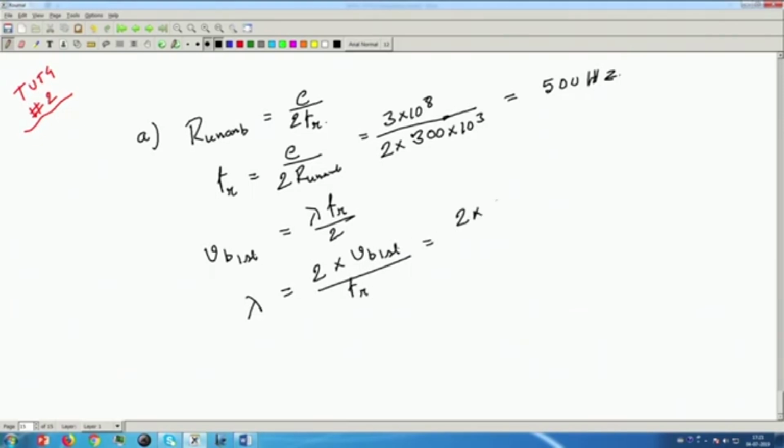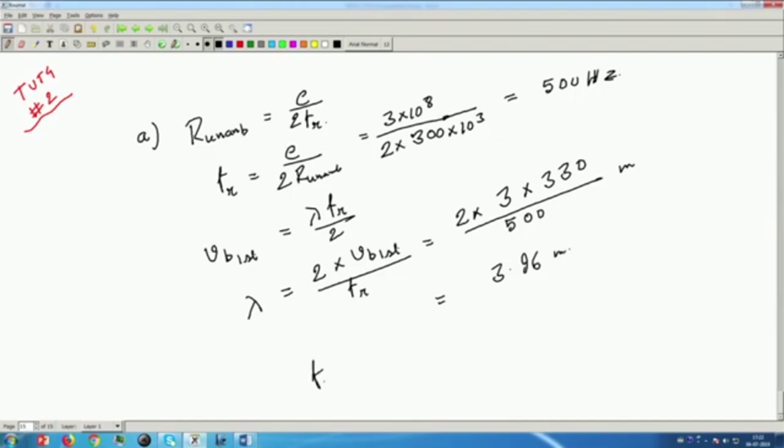So 2 into 3 Mach, that is 3 into 330, I am assuming the speed of sound, by 500, in meters. So lambda is 3.96 meters.